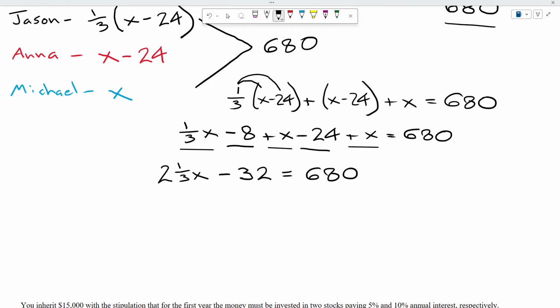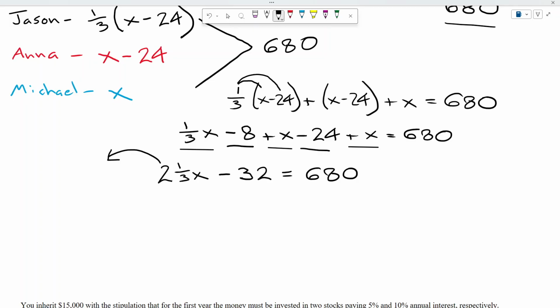And then I think what I'm going to do next, and it's just a personal preference, instead of having the compound fraction, I'm going to make that into an improper fraction. In case you're not aware, the way we do that is so that it's not a mixed fraction like this, I'm going to make it an improper fraction where the numerator is bigger than the denominator.